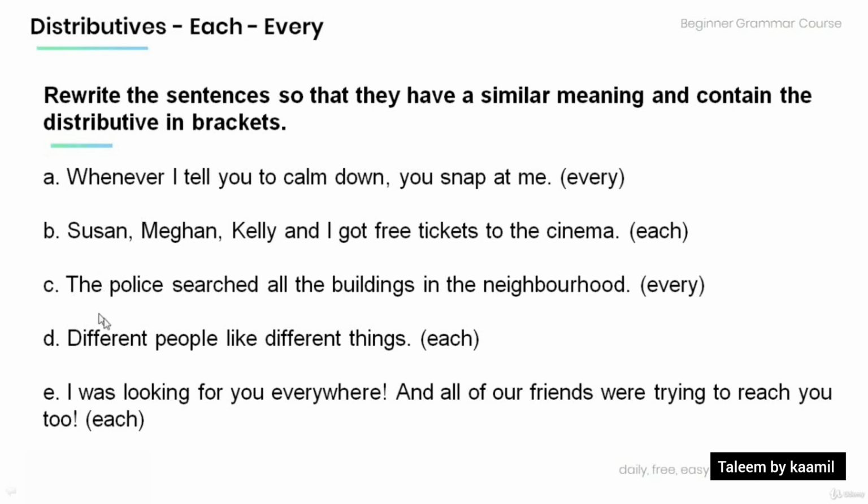C. The police searched all the buildings in the neighborhood. D. Different people like different things. E. I was looking for you everywhere, and all of our friends were trying to reach you too.